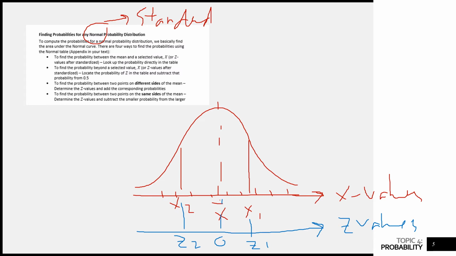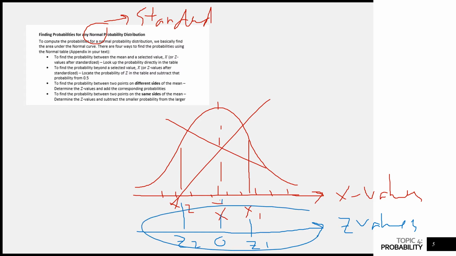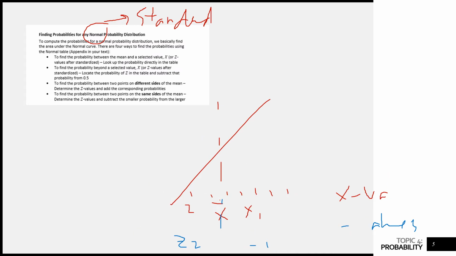When you use the z table, this x does not exist. You will only be focusing on the z. I need you to understand that. If you understood, I'm just going to erase this so that I can show you the z table.